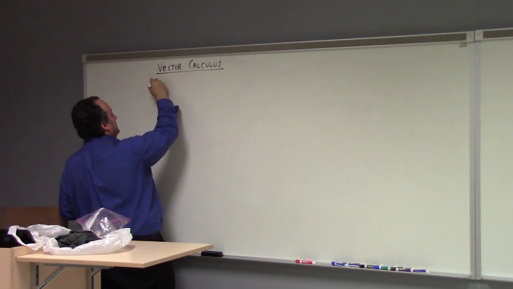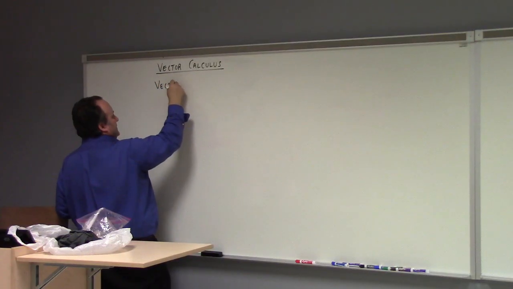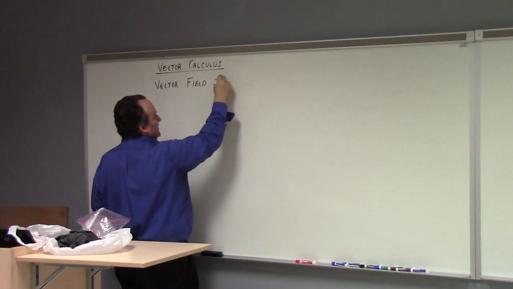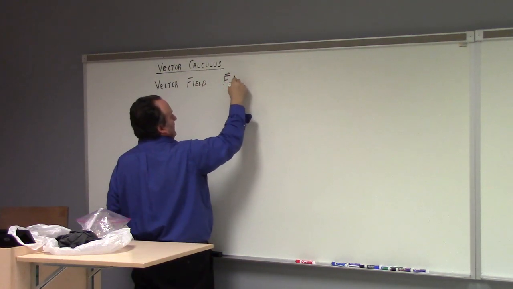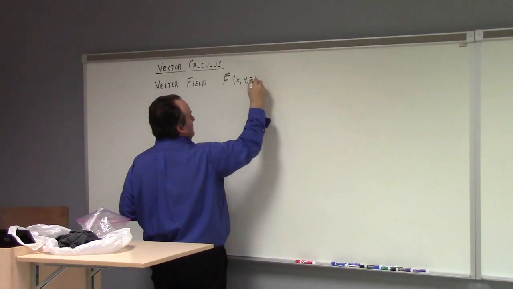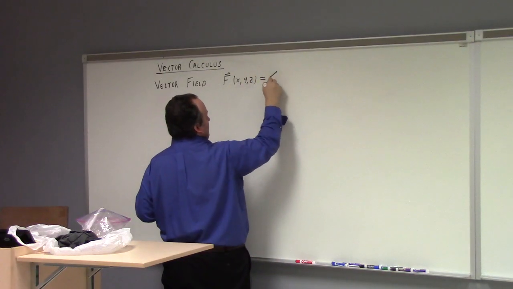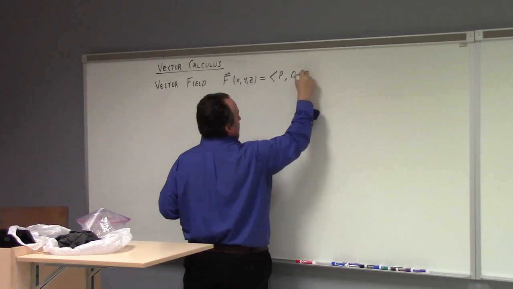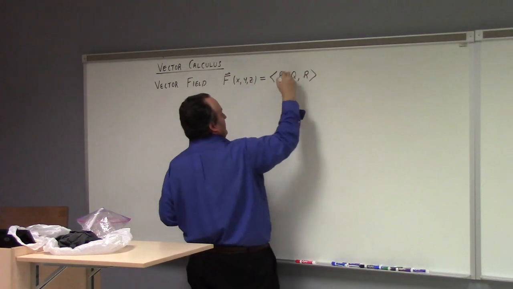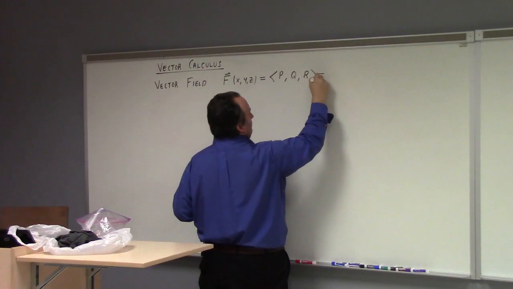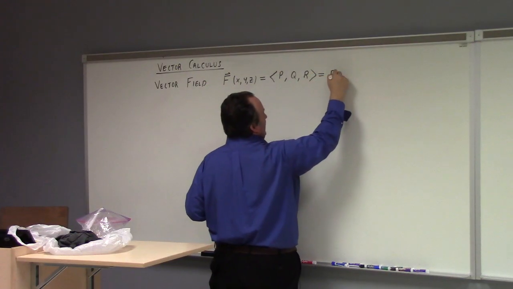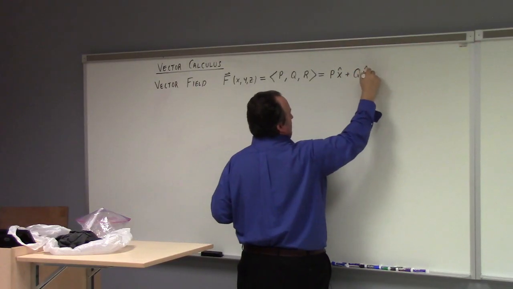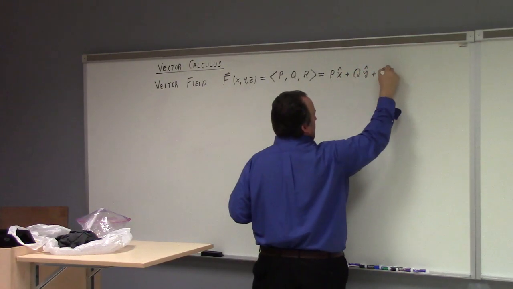So a vector field, and we talked about this a little bit already. But what's a vector field? Something like F of x, y, z. We could write it like this: P, Q, and R. This is also P x hat plus Q y hat plus R z hat.